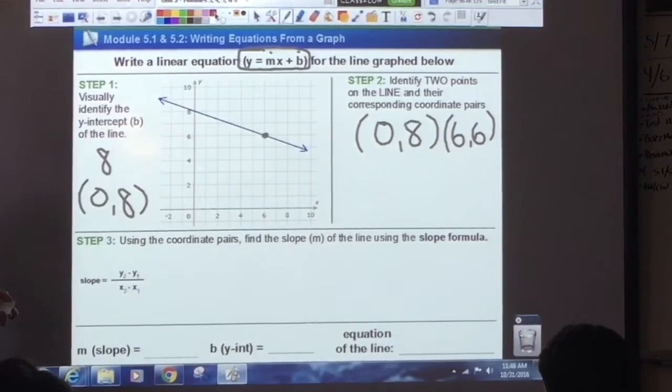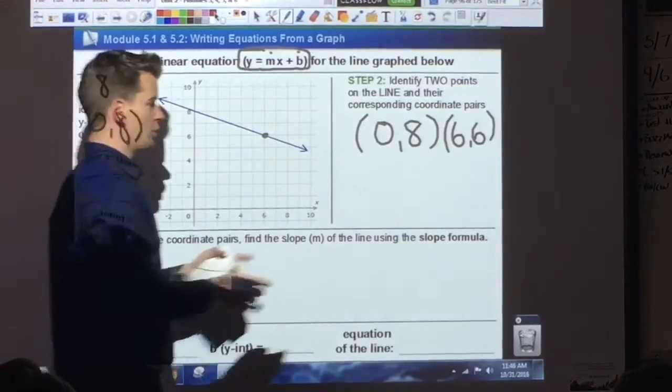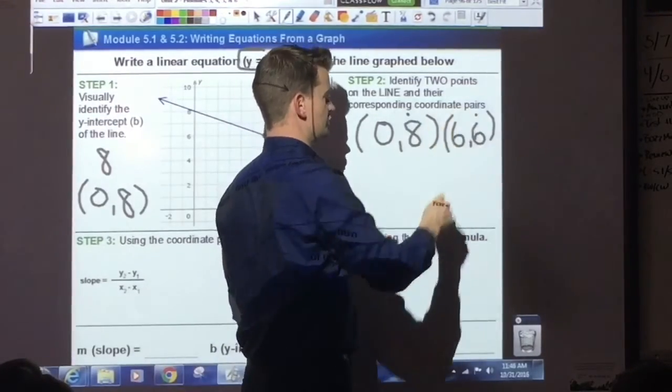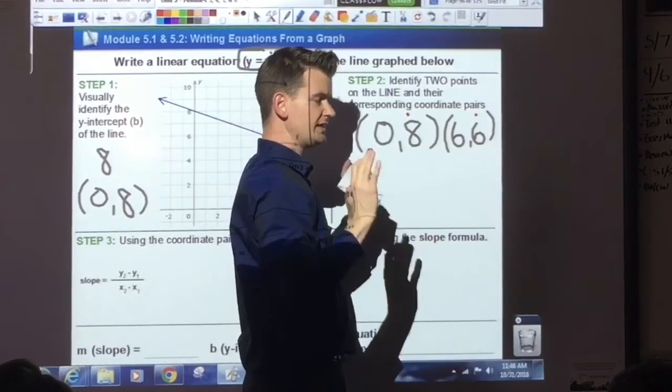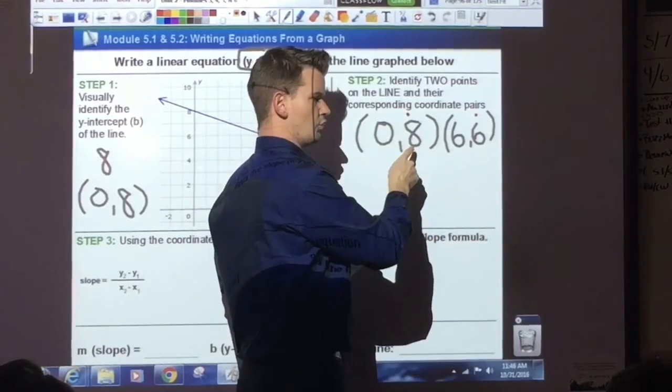We have 2 y values here, 8 and 6. Either one could be y2, it doesn't really matter, but it's easier if you make the larger one y2.